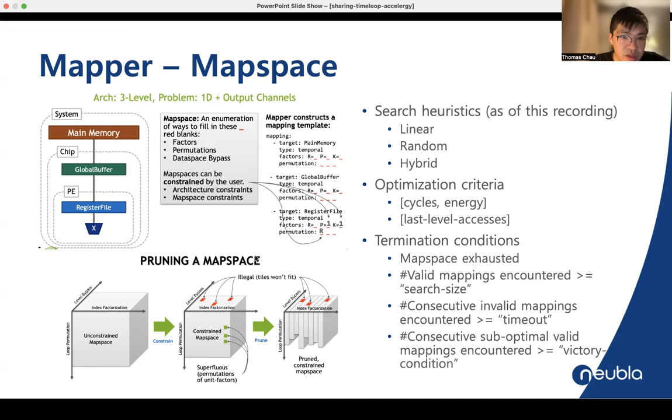Since the map space is very large, we need to constrain the map space. Although it's large, in reality many accelerators are more restricted and are not able to support all mappings. Therefore, users can define map space constraints that reduce the size of the map space and also prune out illegal mappings.